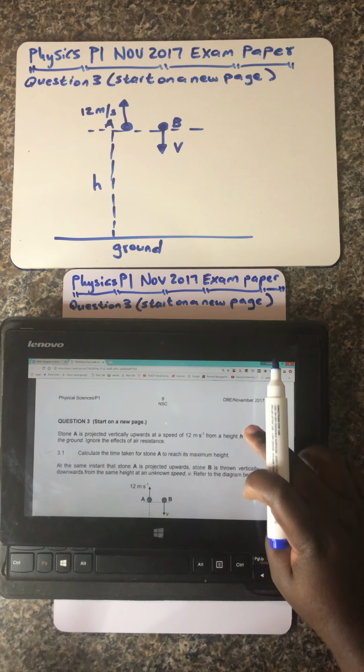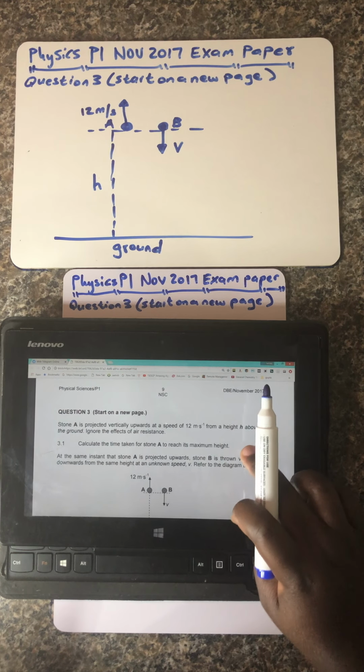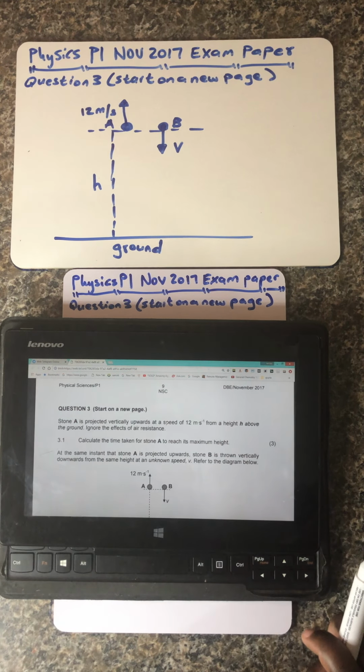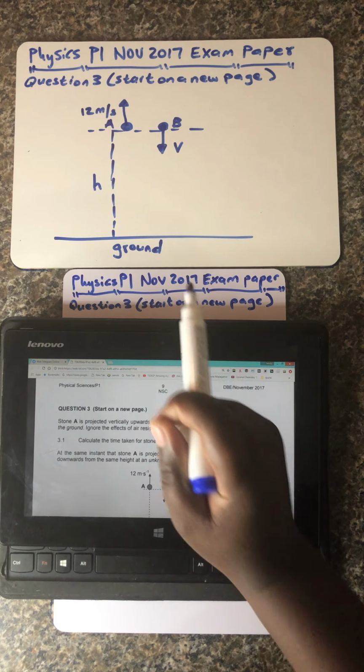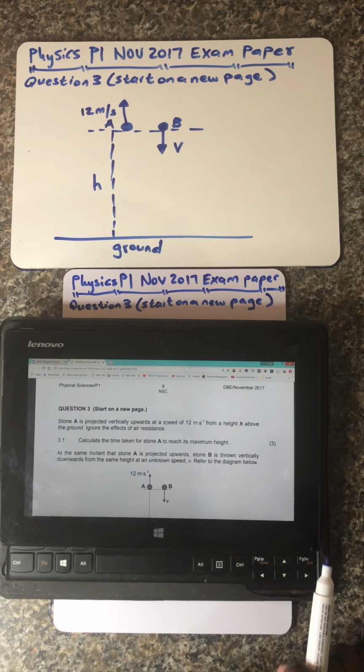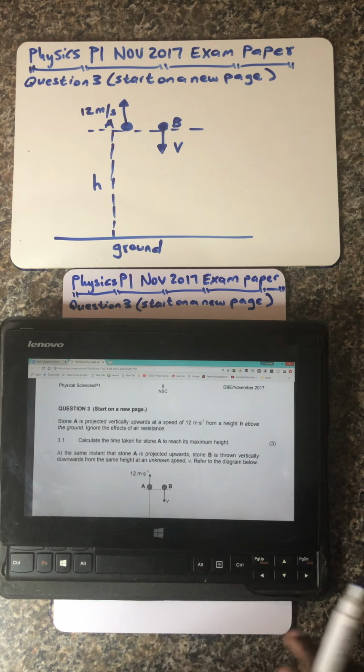From time to time, I'll be referring back to these questions on the tablet, and then I'll be doing some calculations. I will use that diagram to quickly explain, and if there's something I need to add, I can use a different mark to add that information on the diagram. Our first question says calculate the time taken for stone A to reach its maximum height.